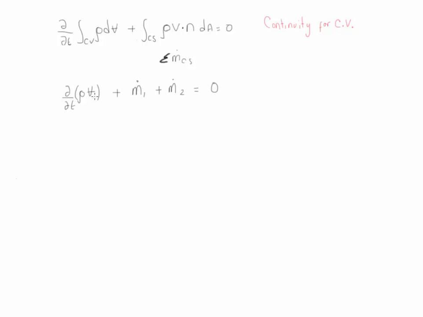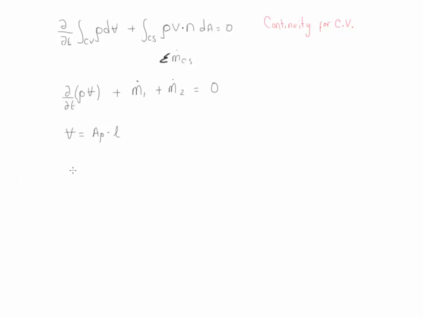We need to determine the volume of the control volume, so that is given simply as the cross-sectional area of the plunger times the length, in which this term is constant and this one is the one that changes as a function of time.